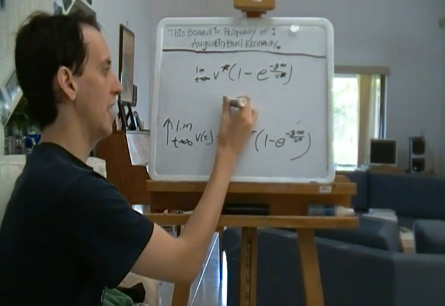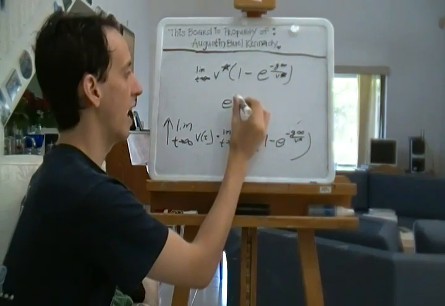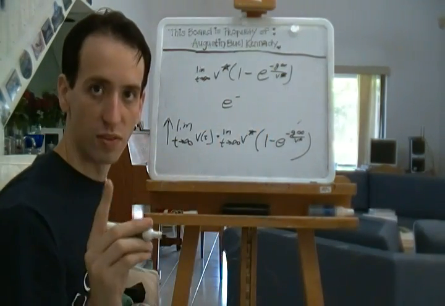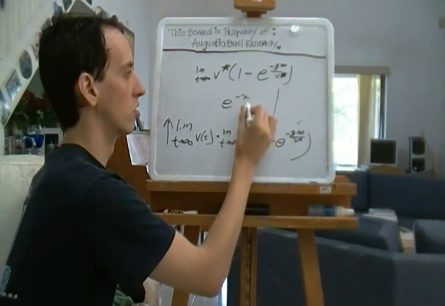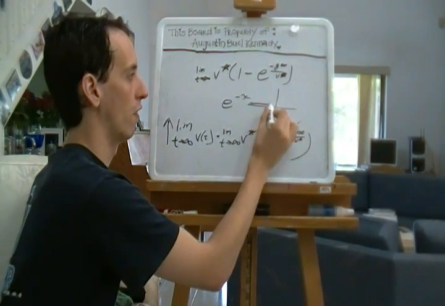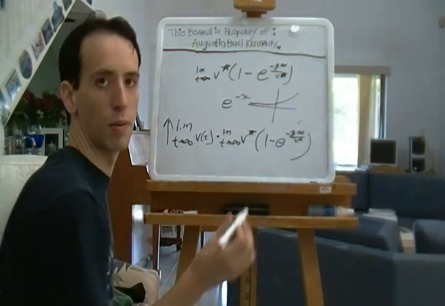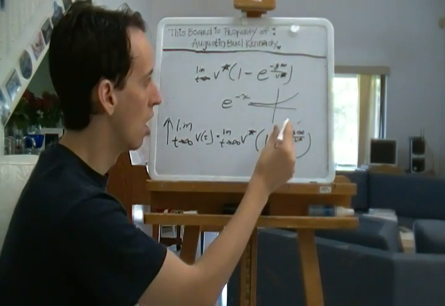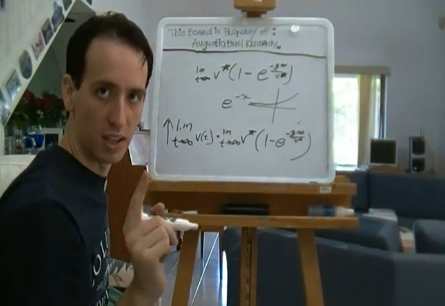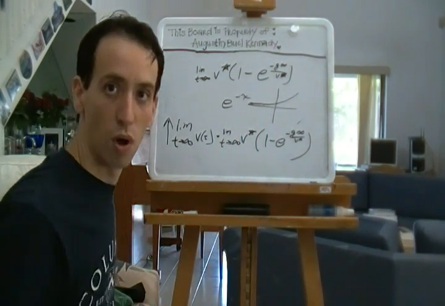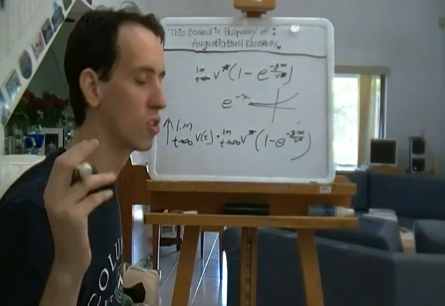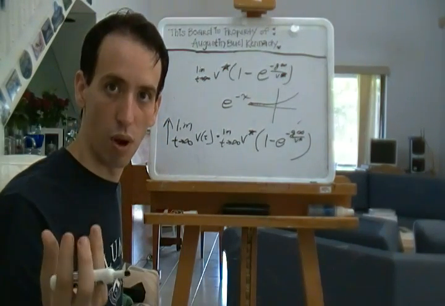If we remember, e to a negative x looks like this. If we graph our function of e, the exponential function, we know that with a negative x value, it gets very, very small. And if you remember, it's going towards 0.